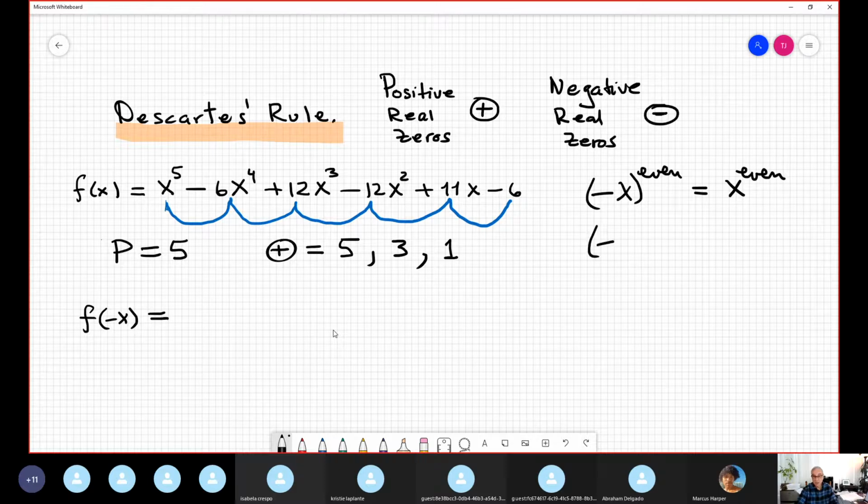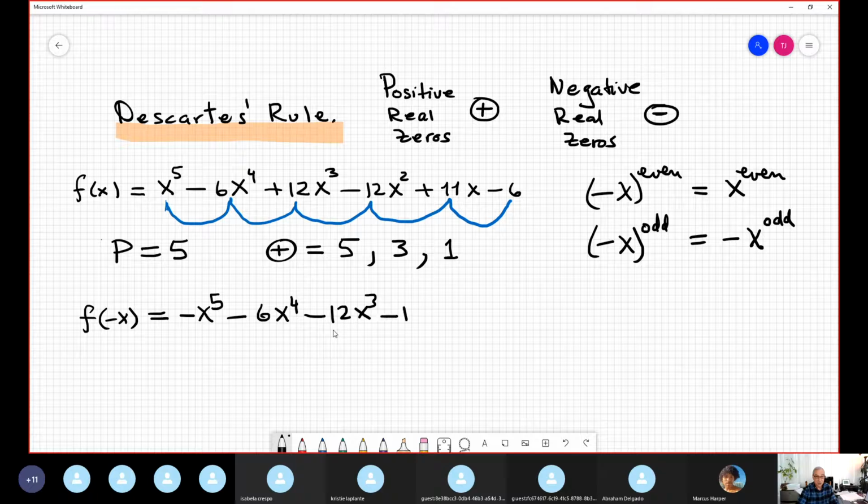However, when it's negative x to an odd number, the negatives go outside. Is this idea clear or not? Yes, this idea is clear. So this is negative x to the 5th power in the reflection, minus 6x to the 4th power stays the same, minus 12x to the cubic power changes. This stays the same, and this changes, and this stays the same.